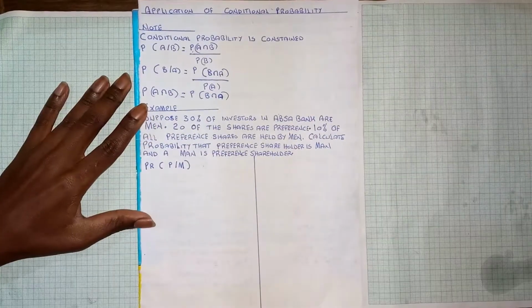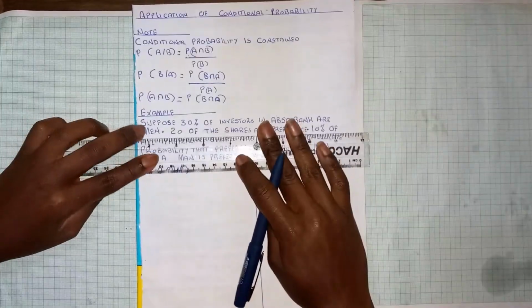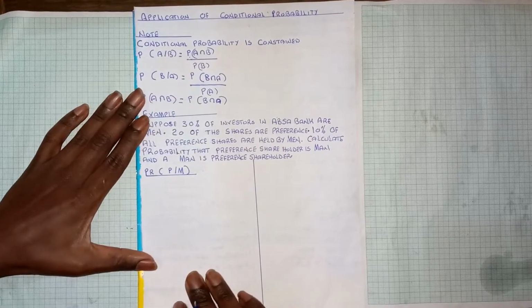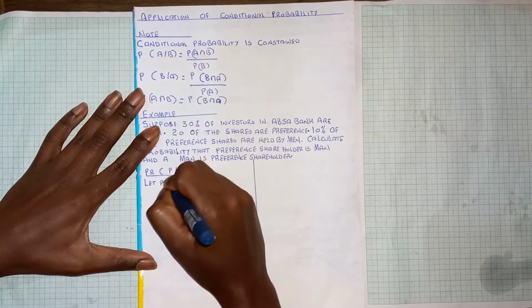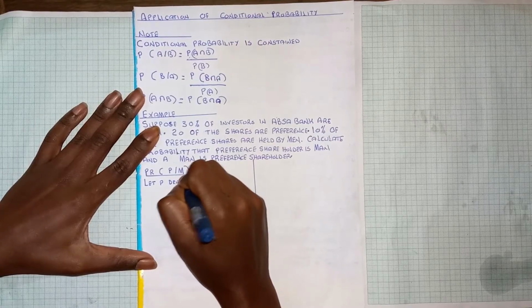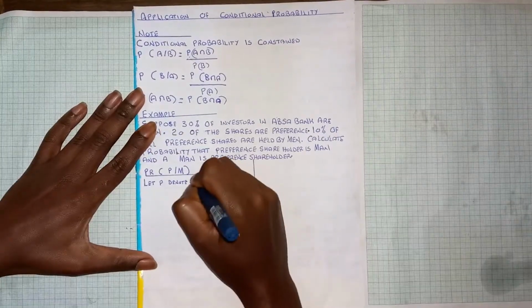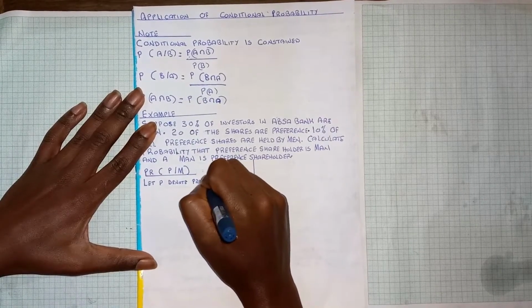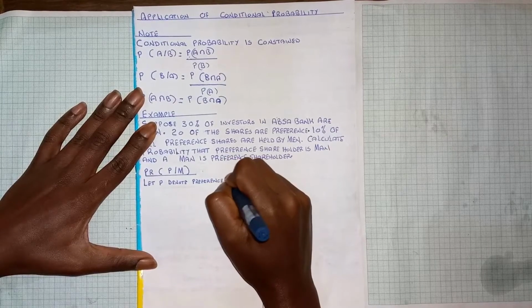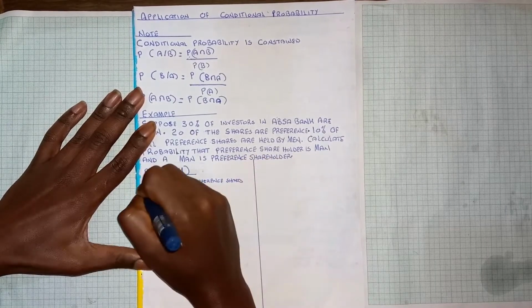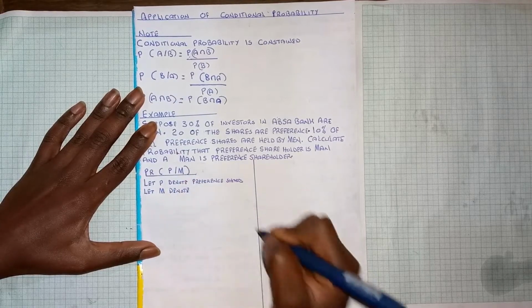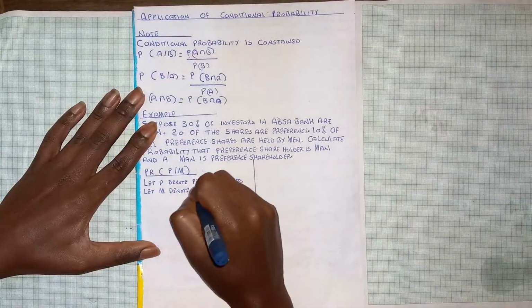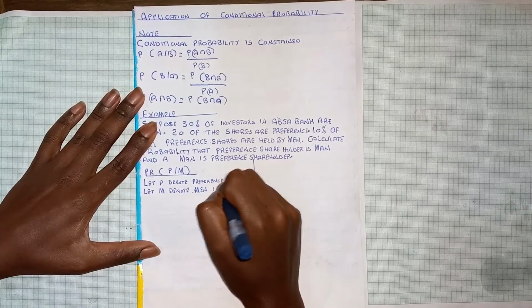It is abbreviated as P given M. Therefore, let P denote preference shares, and let M denote men investors.